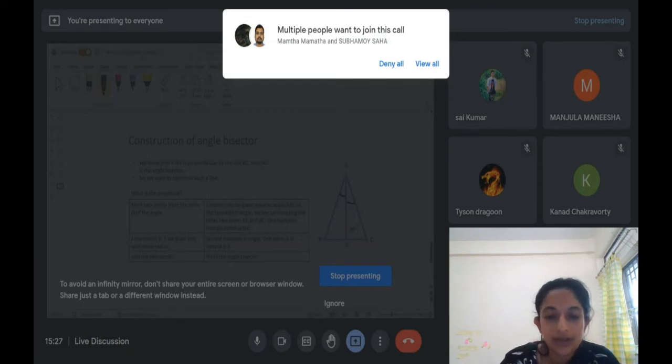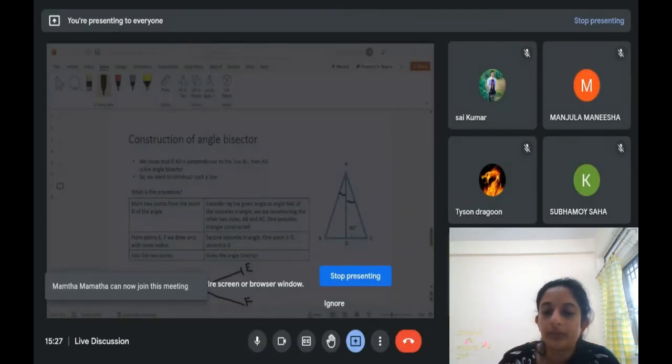So if you're given an angle like this, let us say this is point O, and you're asked to construct the angle bisector of this angle. Let us make these points E and F. Okay, so I made these points as E and F.